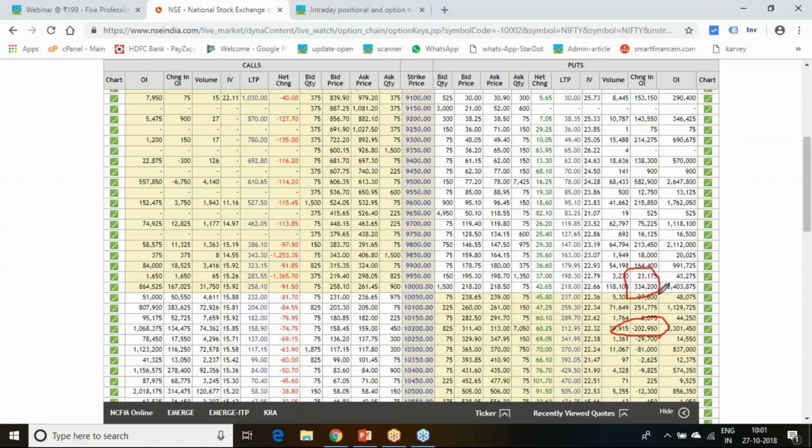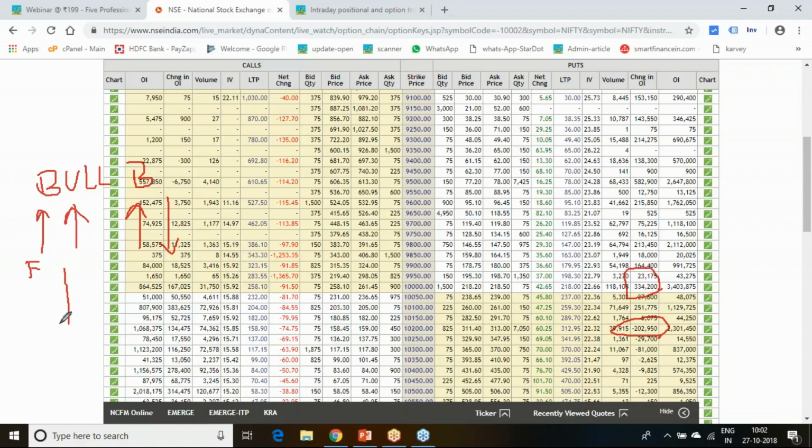So open interest increasing and open interest decreasing have different meanings. For futures, if the open interest increases and price also goes up, it is known as a bullish trend or uptrend. If the open interest goes up and price falls, this is known as a bearish trend.